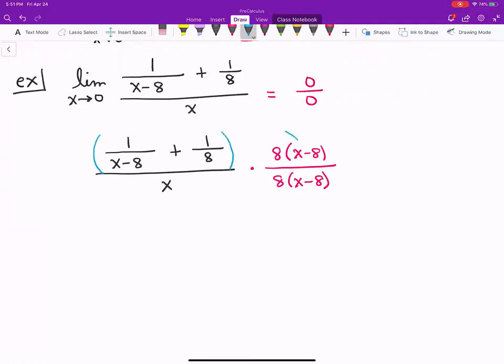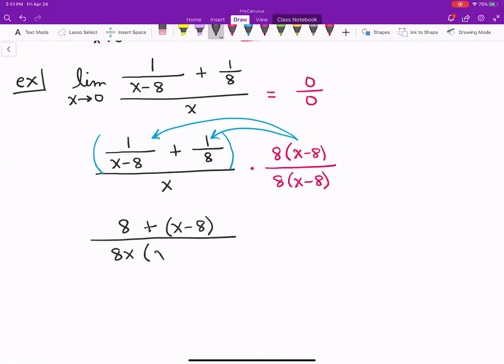When I distribute this to my first term, the x minus 8's reduce, leaving me with just an 8. When I distribute this to the second term, the 8's reduce out, leaving me with the x minus the 8. I'll have to be careful, but there's no subtraction sign to distribute, but that's okay.